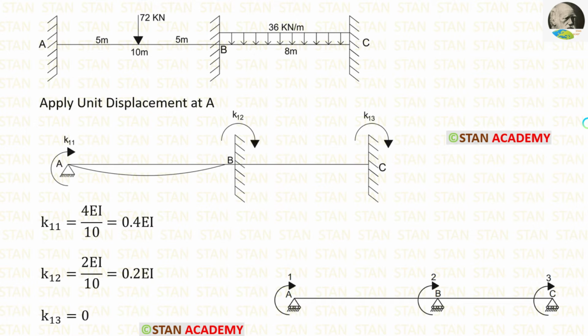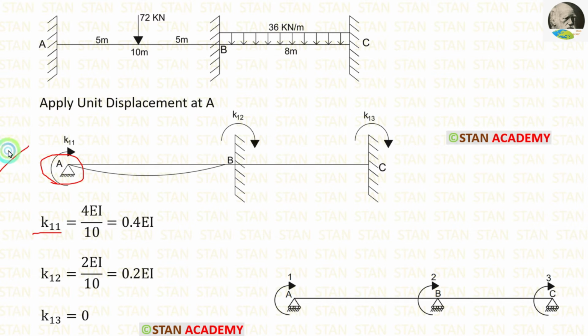Now let us find the stiffness values. The stiffness values should be calculated in the order. First for the first coordinate, then for the second coordinate, finally for the third coordinate. Let us calculate K11. For that, from the point A, we have to look on both the sides.